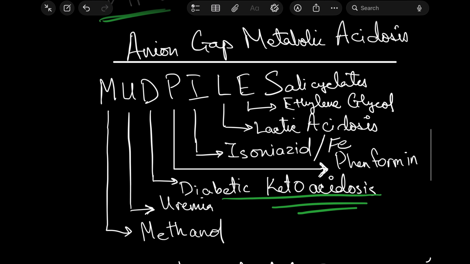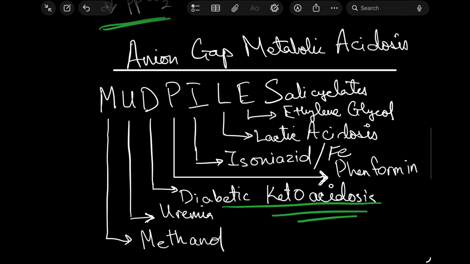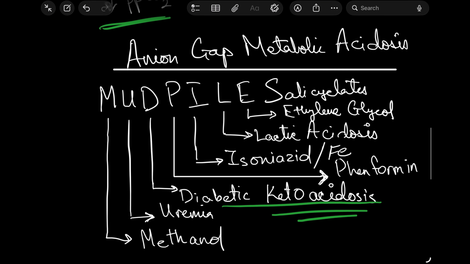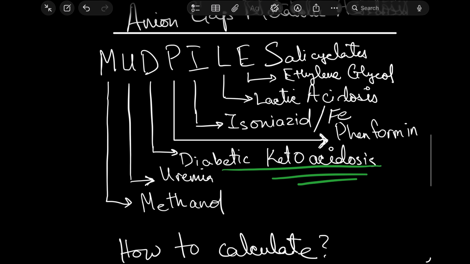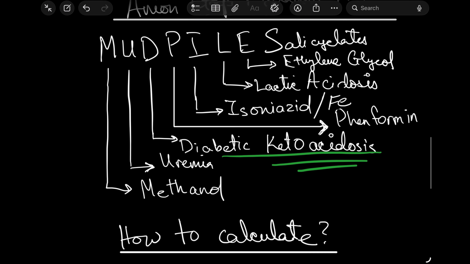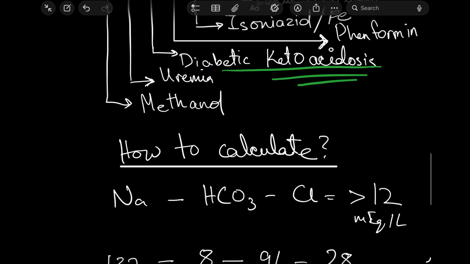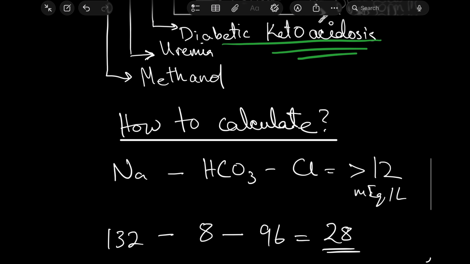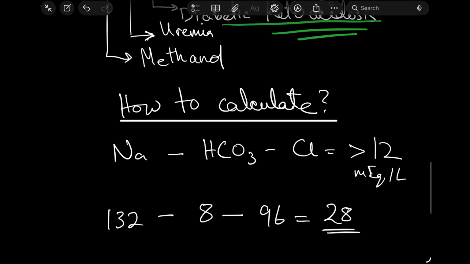Now, if you don't have this mnemonic or whatever, how do you actually calculate the anion gap? Well, I did mention earlier in my story that the old machines used to measure certain cations and anions.